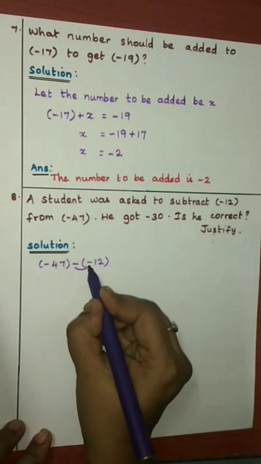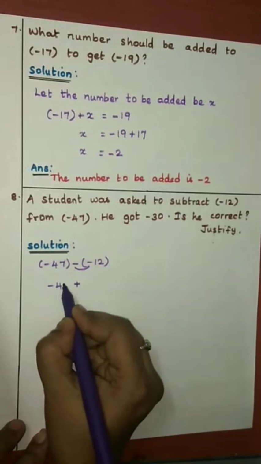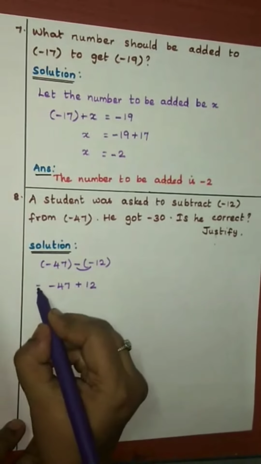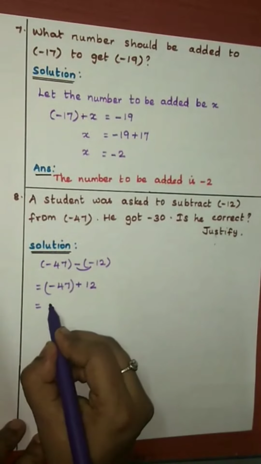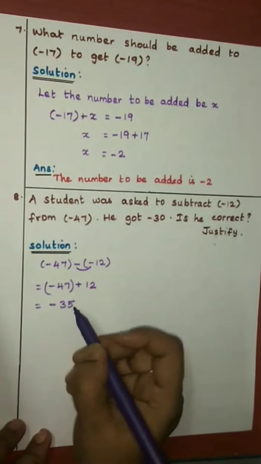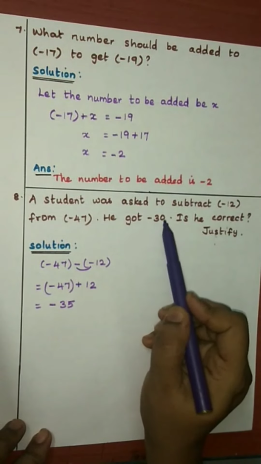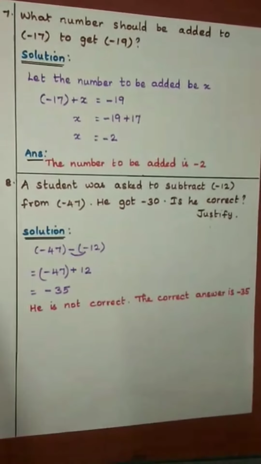So minus into minus is plus. So minus 47 plus 12, which is equal to minus 35. But the student got minus 30 as the answer, so he is not correct. The correct answer is minus 35.